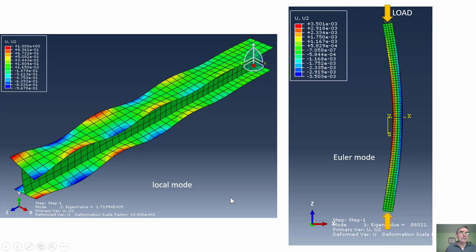But basically, if it is short or not slender, then we have local mode, but no lateral global mode, and if it is slender, we have lateral global mode, but no local mode. All right, and this is when it is really short or really long, really not slender and very slender.